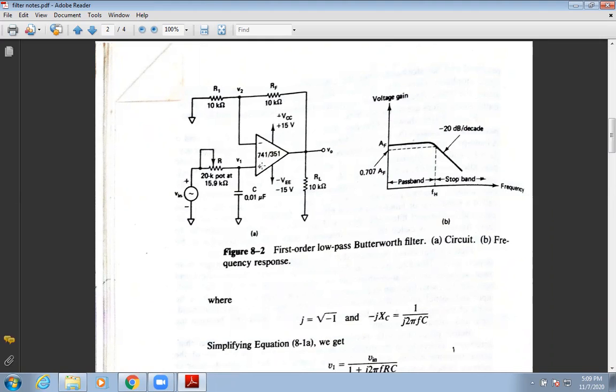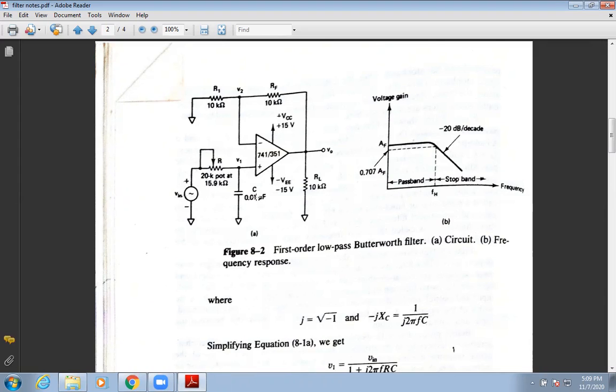Here we are applying the input voltage at the non-inverting terminal of the op-amp, that is V in, which is the input voltage applied at the non-inverting terminal of the op-amp.